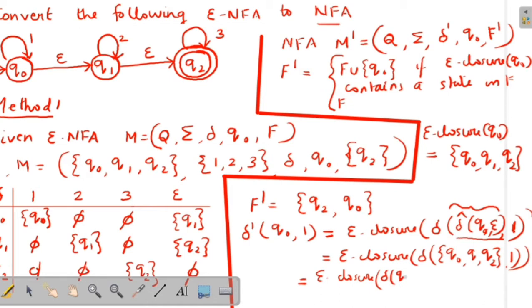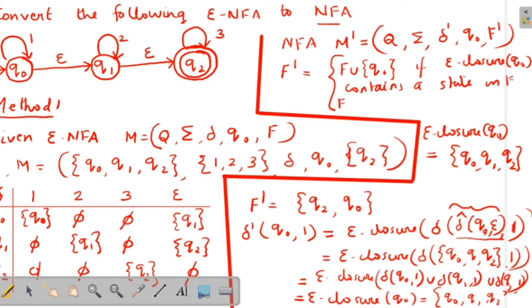So we have found delta dash of Q0 comma 1.